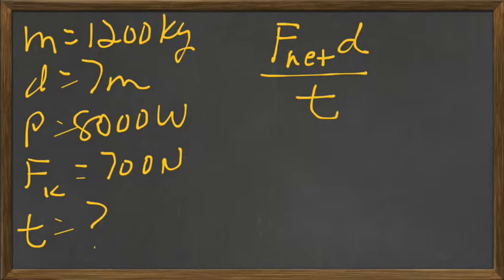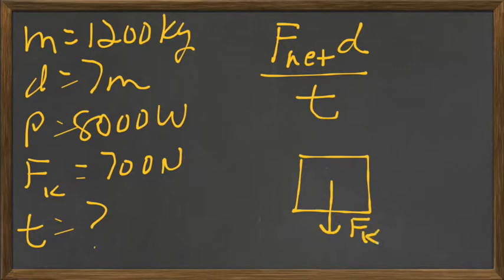Now what I'm ultimately looking for is the time, and thinking about this idea of net force, I have to ask myself the question, which forces are involved in my system? Well, I actually have 2. One is that force of friction, downward. But I can't forget about the weight of the object. He is pulling me down as well.